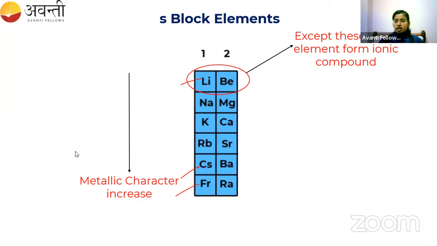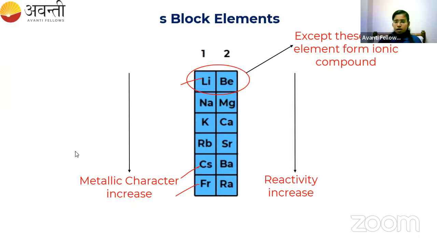Lithium is more metallic or cesium is more metallic? The cesium, right? The metallic character increases on moving down the group. And coming to the reactivity, very good. Coming to the reactivity, it also increases on moving down the group.